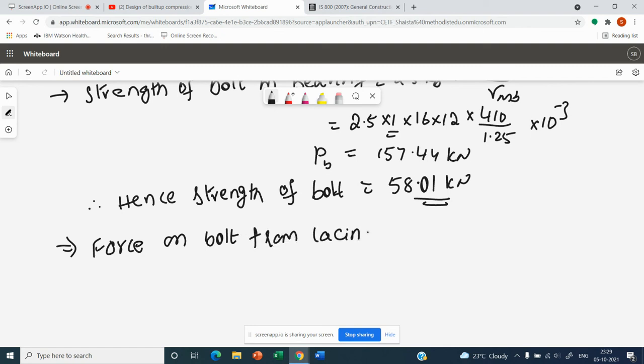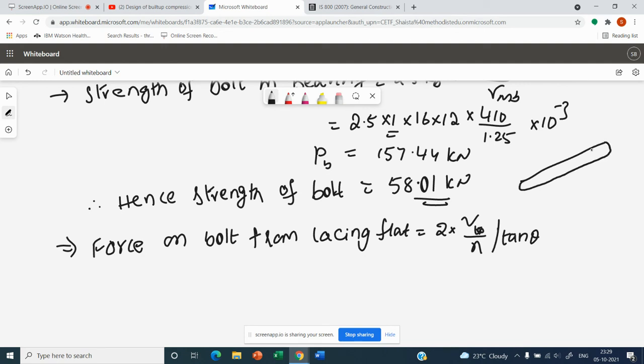To understand this, again I will draw a simple figure and then I will explain. 2 into Vt, that is on single plate you got it now, that divided by, okay, that is V by N, I can say transverse shear by N, that is 13.5 what you got it, then this divided by tan theta.